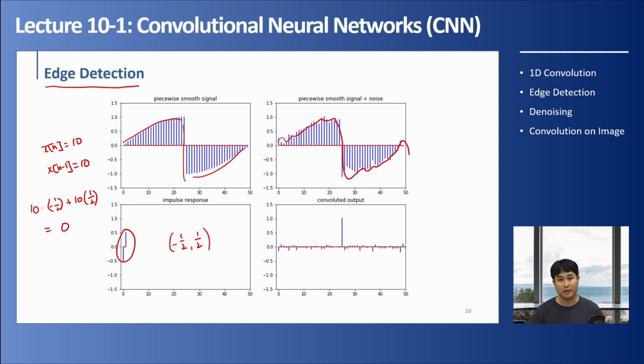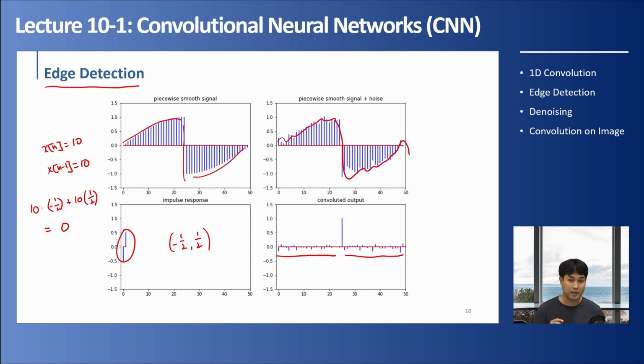So this implies that any two adjacent values that have similar values will have a value that is close to 0. And as a matter of fact, this can be seen in the convolved output results, where most of the elements have a value that is close to 0.